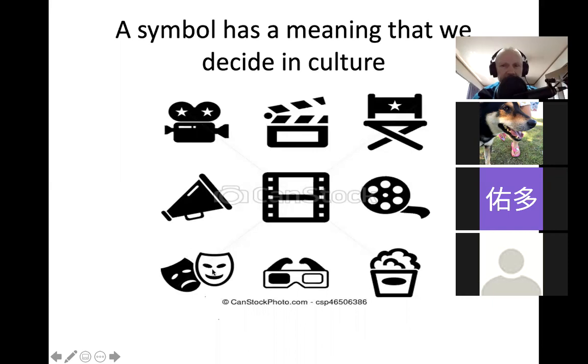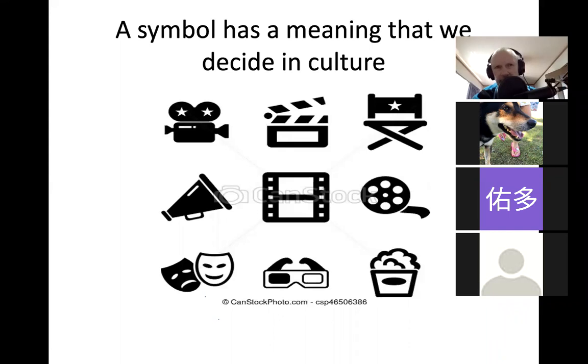This idea spread, and everybody started using it and understood the meaning. Somebody just decided, oh, that is going to mean drama. That's going to be our symbol for drama. So anyway, if you think about it, we've got indexes, we've got icons, and we've got symbols.